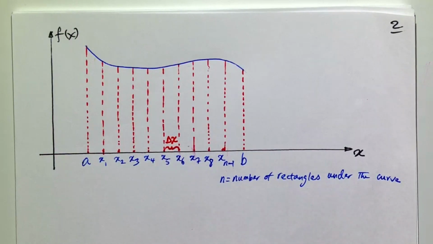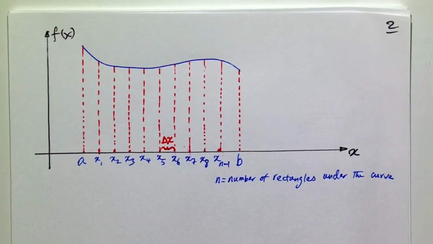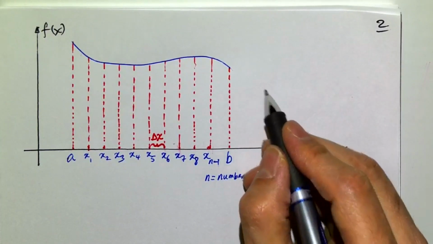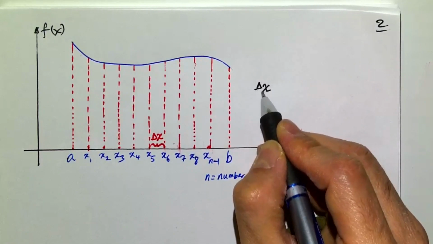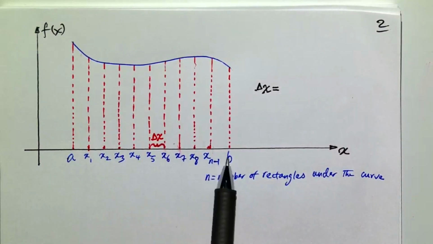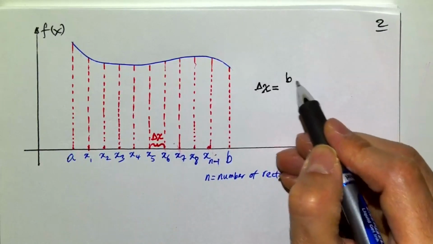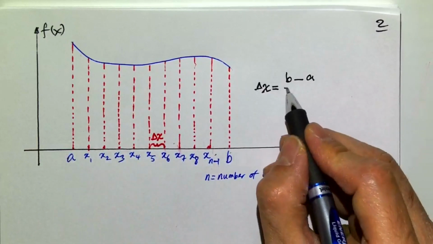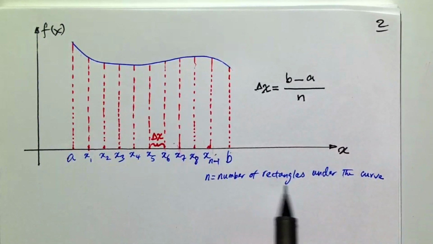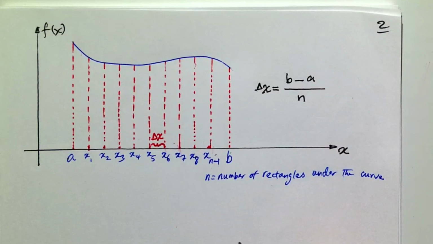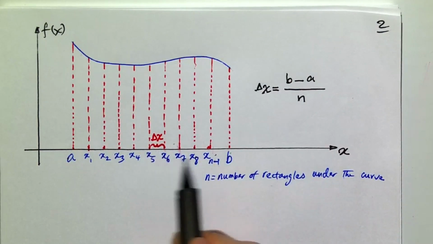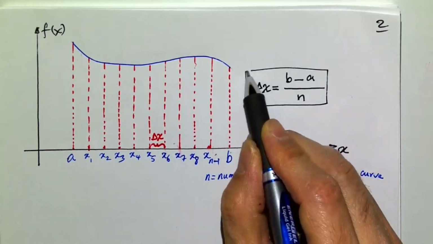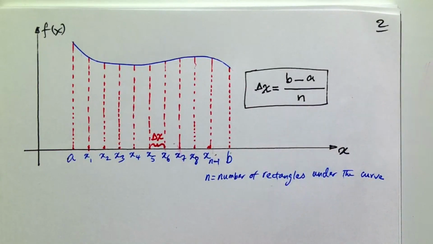What would that measure be? So delta x, and I'm going to put it here because it's very important, that width. Delta x would be this length, which would be b minus a, divided by however many rectangles we decide we're going to have. That would be the width of each rectangle. Okay, very important. So that's delta x.